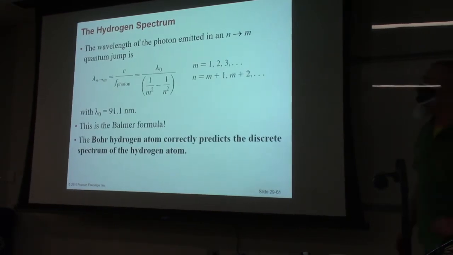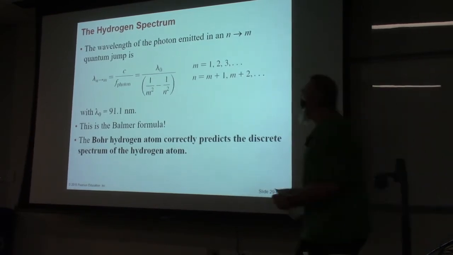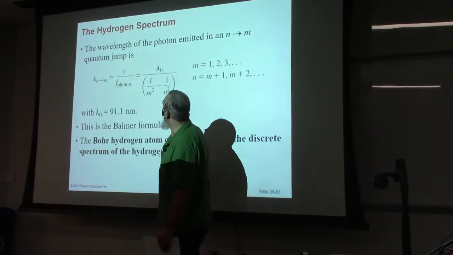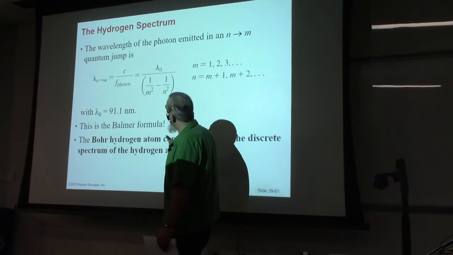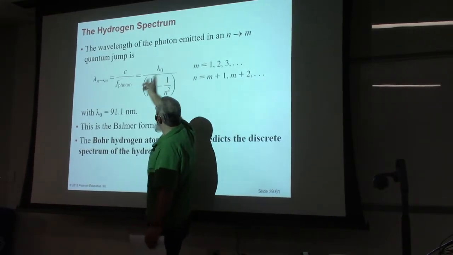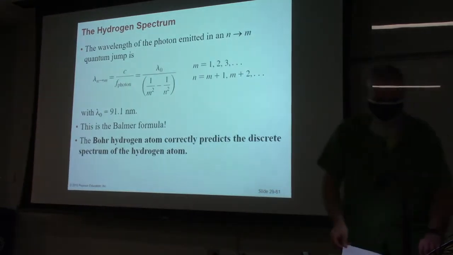Here, let me show you what I did a little earlier. What you have here is true. This comes from just looking at the difference in energy levels and what you'd expect for the wavelength. And this number is the same thing that you get for the Balmer series. But this is what I came up with.